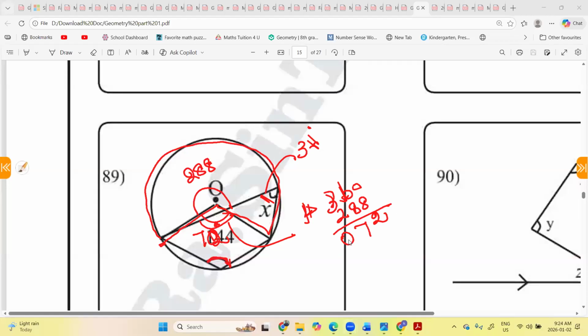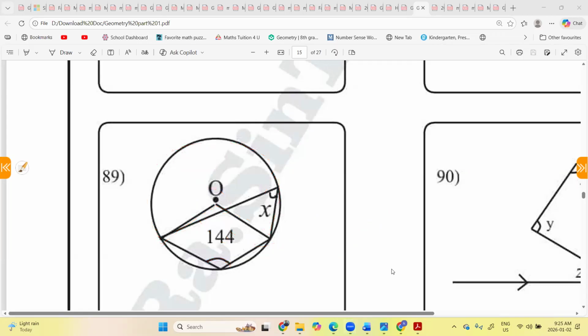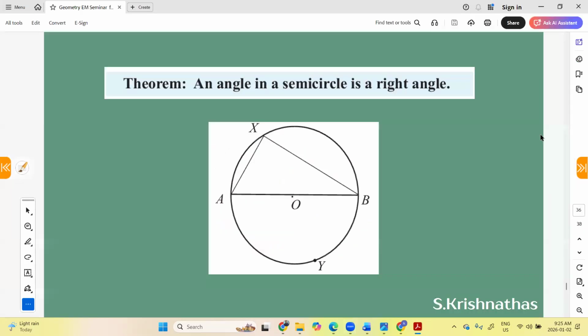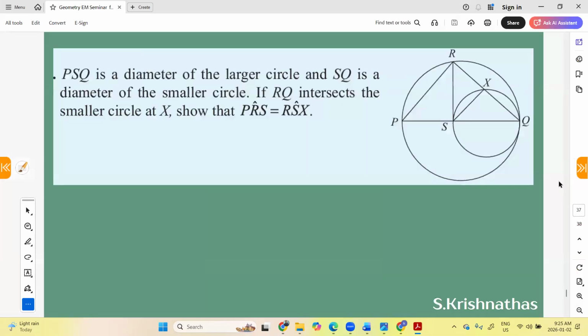One more question, students. Here, I put that question in the presentation. One of the questions is also in your book. How to show that PRS is equal to RSX in this question.